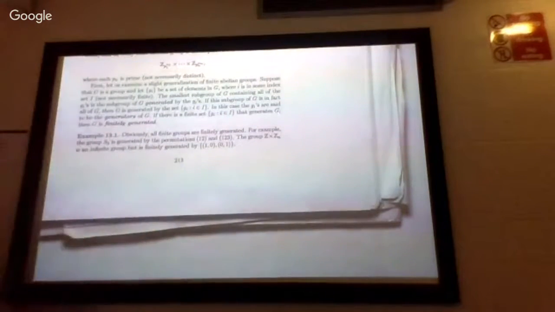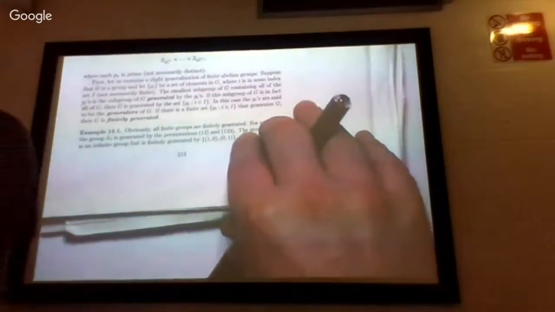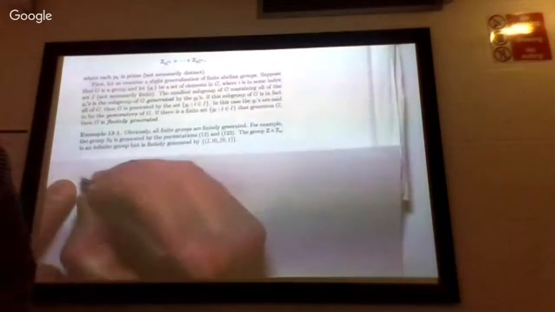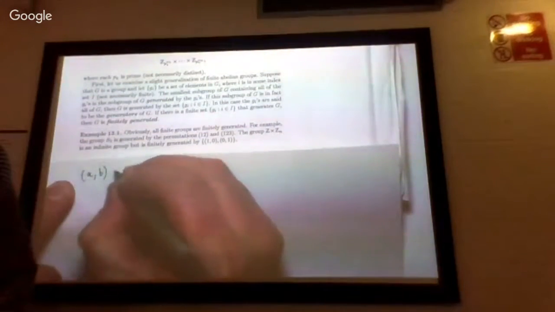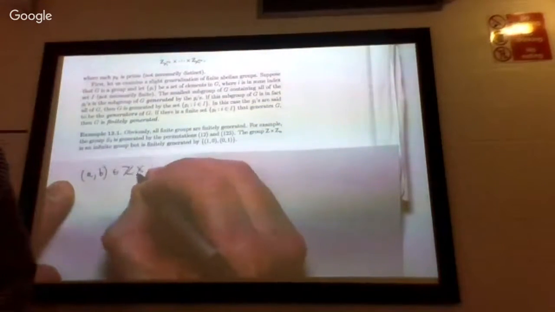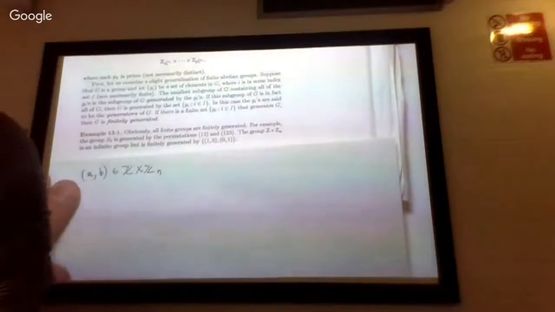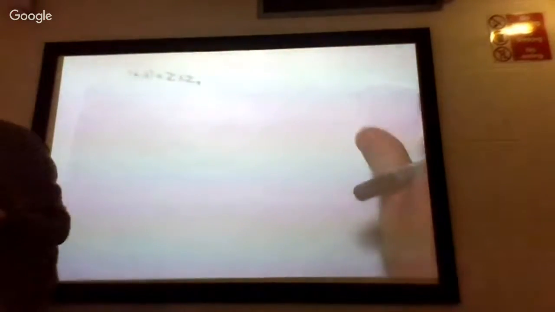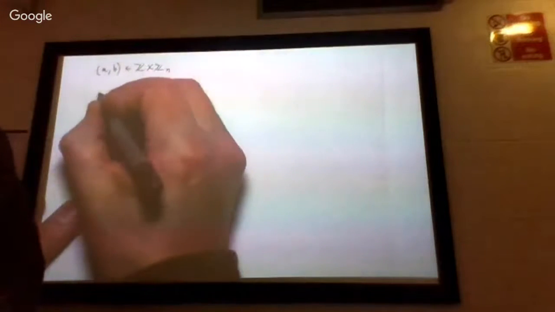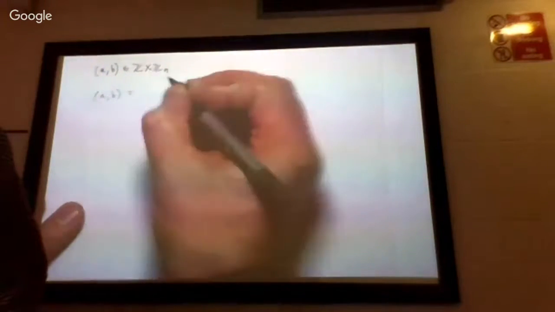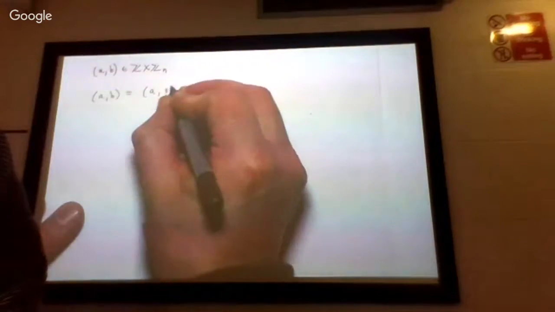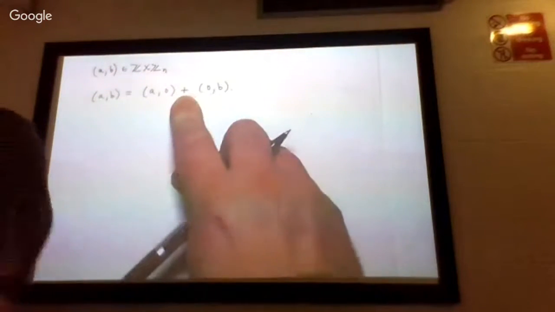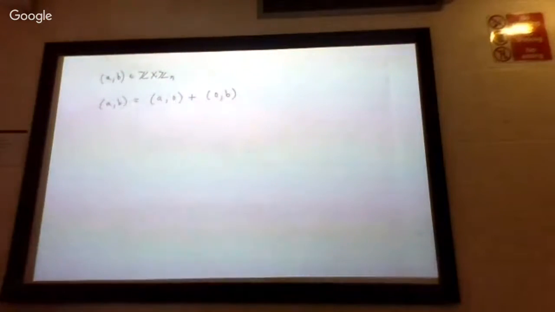Every element of this can be expressed as some combination of these, because if you take a typical (a, b) in Z cross Zn, then you can achieve it this way. Firstly, you can think of it as (a, 0) plus (0, b), where plus is the group operation in the direct product.